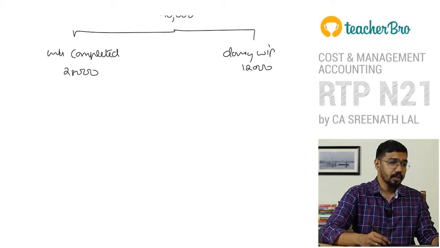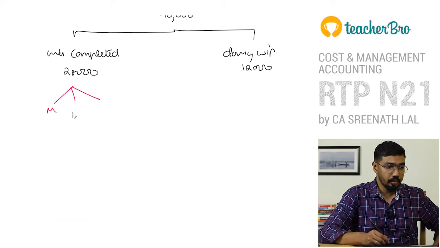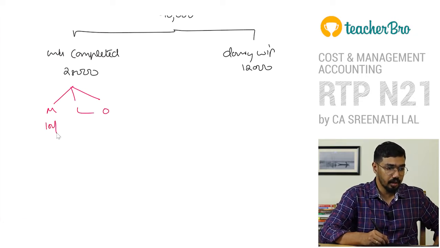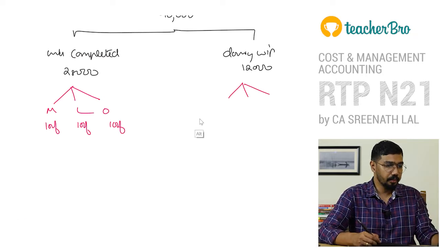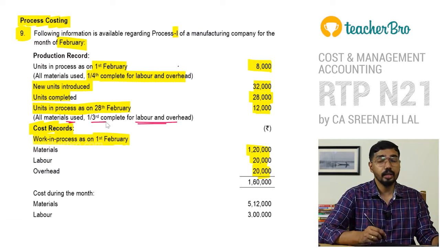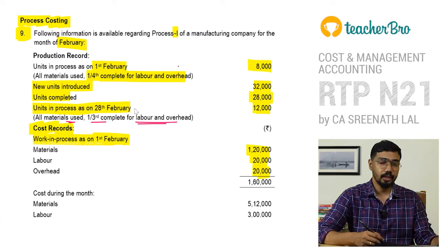The completion percentage is given. Units completed means anyway it is 100% complete, right? With respect to material, labor and overhead, it is 100% complete. And closing WIP completion percentage is given. It is material 100% and labor and overhead 1/3 complete, means 33.33% complete.